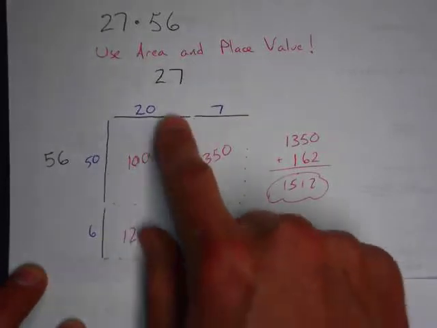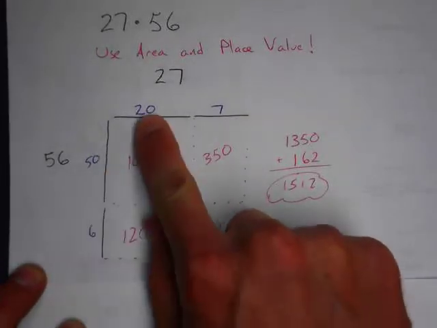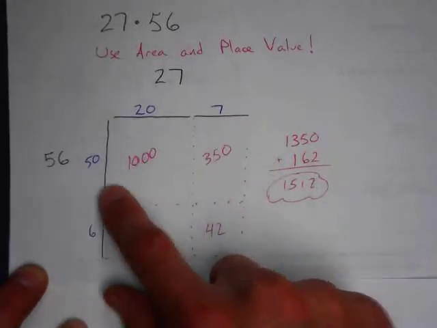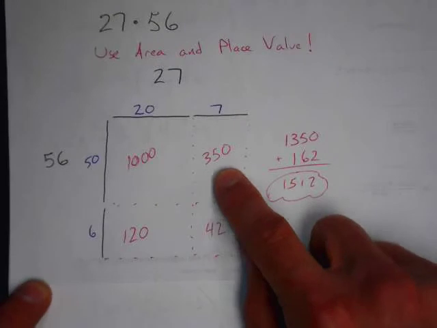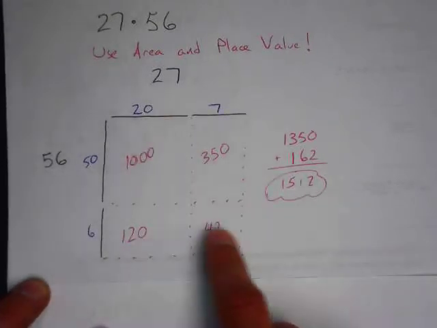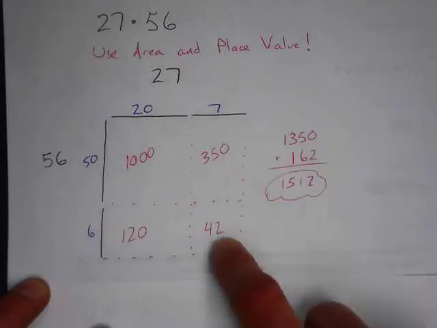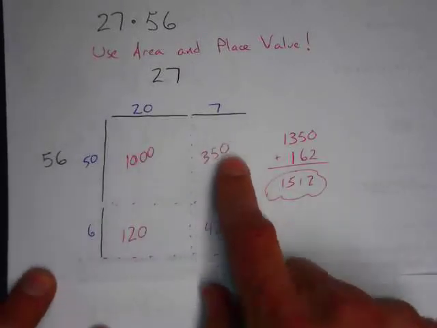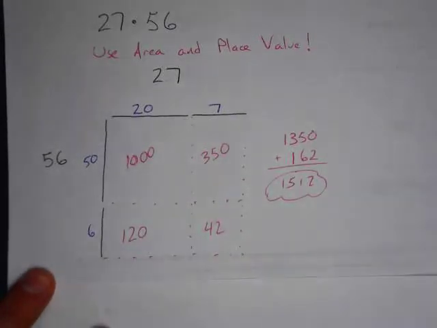So our first rectangle, of course, 50 times 20, 1,000. Our second rectangle, 50 times 7, or 350. Another rectangle, 6 times 20, or 120. And then our last rectangle, 6 times 7, or 42. And so I have the area of each individual rectangle using multiplication and using that area model.